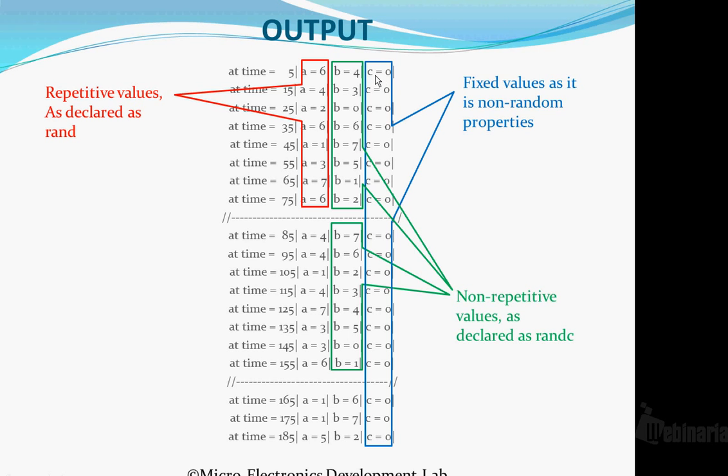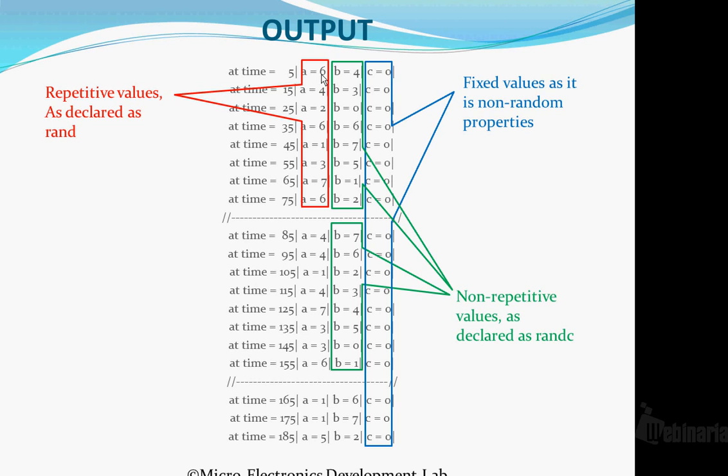The other property C, which is of int type, is a non-random property of the class, so it will contain the same value with which it was initialized.